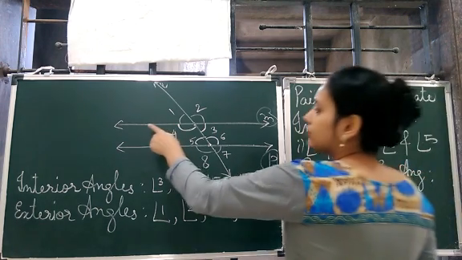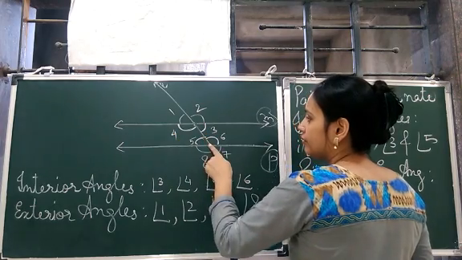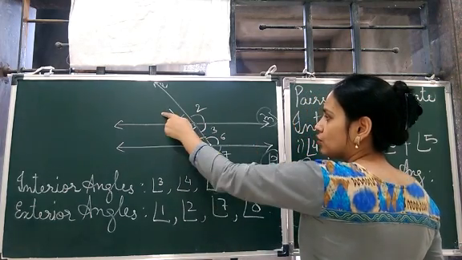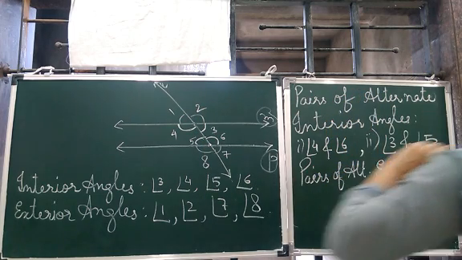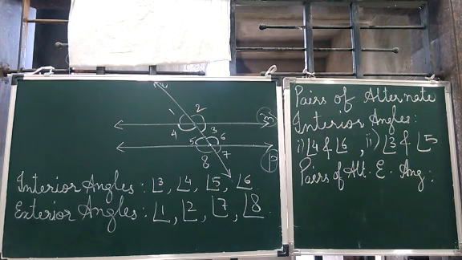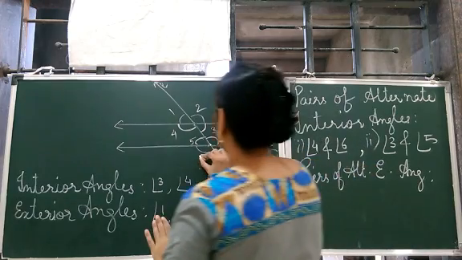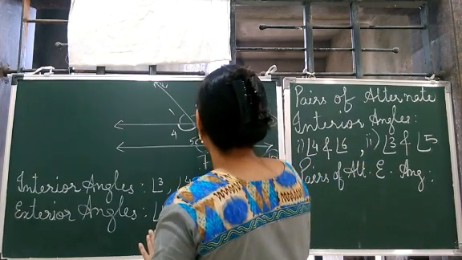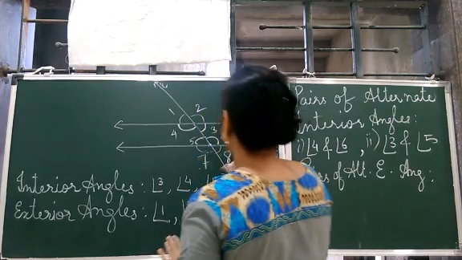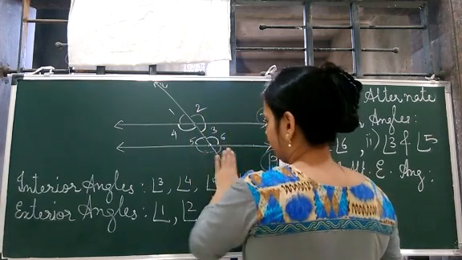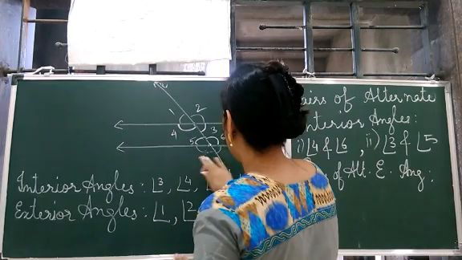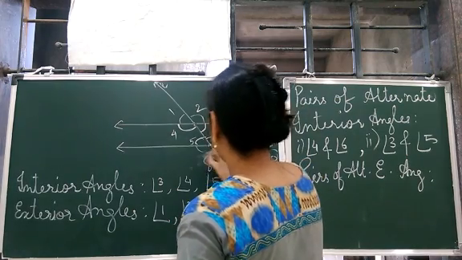Okay, this is the formation of Z. So 1 and 7, or no problem, this can be 7 and 8 like this also.